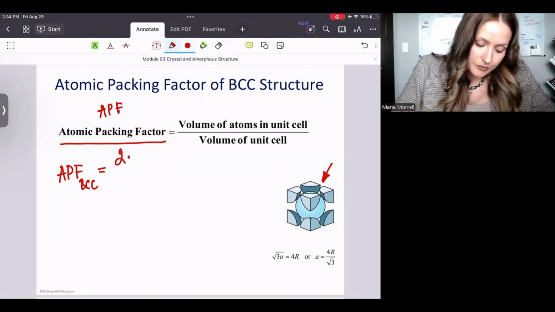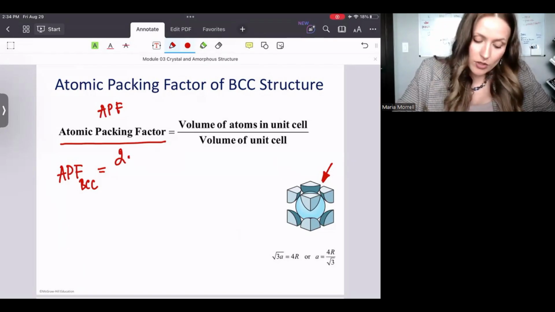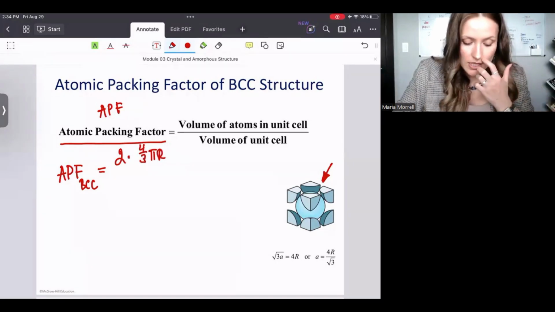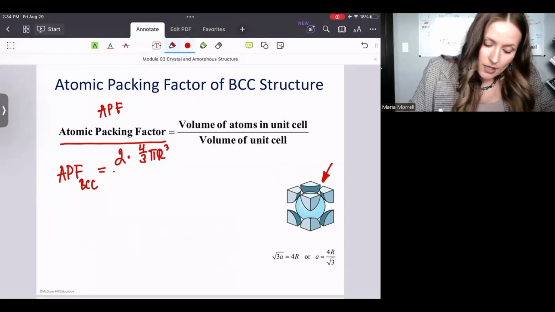Now, assuming those are spheres, right? To find the volume, I'm going to use the volume of a sphere, which is going to be 4 over 3 pi r cube, right? That's just the volume of a sphere.